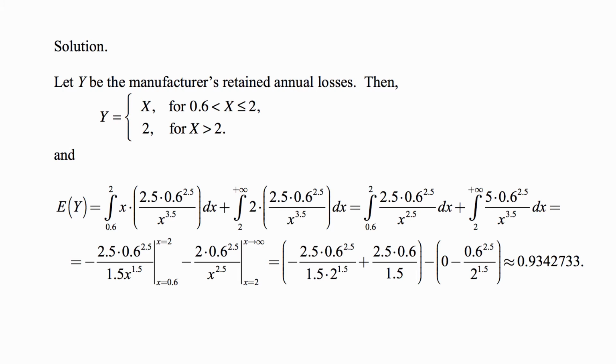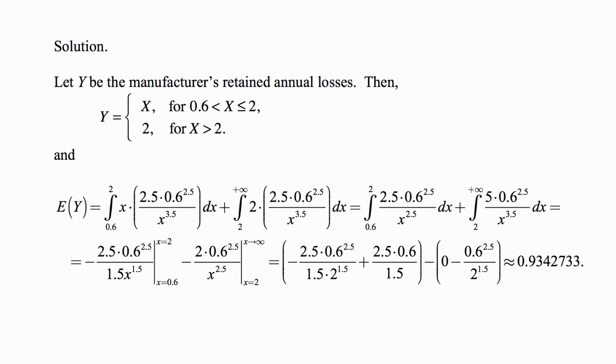So the integral of the first function is 2.5 times 0.6 to the power 2.5 divided by 1.5 times x to the 1.5, but with a minus sign in front, because this is x to the negative 2.5 power.